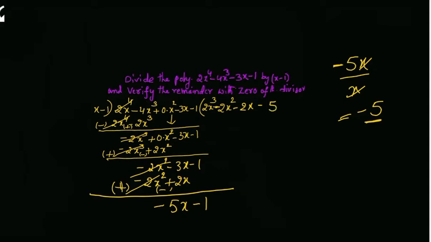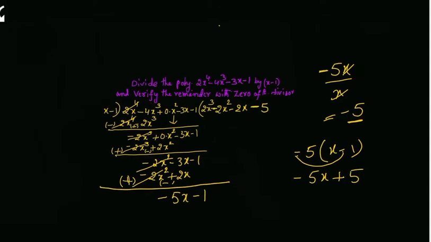After that, this minus 5 you have to multiply with the divisor. So minus 5 into x minus 1. By multiplying we get minus 5x, minus into minus is plus, 5 ones are 5. So you have to write minus 5x plus 5 here.